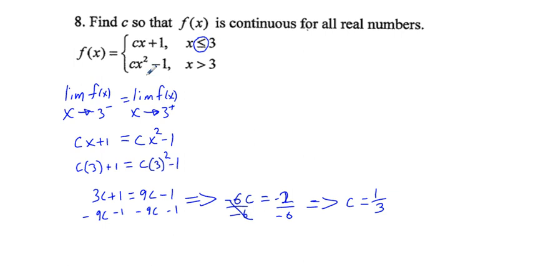We're going to have 2. And if we plug in c here, we're going to have 3 squared, c is 1/3 times 9 is 3. 3 minus 1 is 2. So we'll have 2 equals 2. So that's going to be our answer.